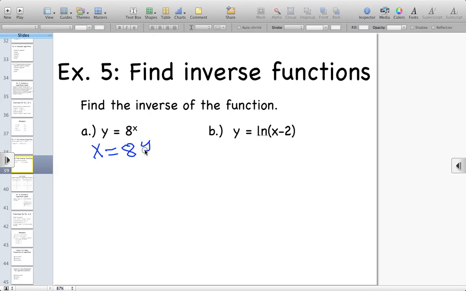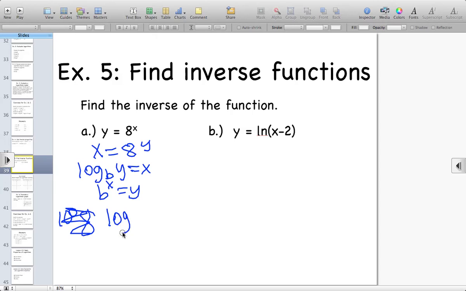Well, we know from our logarithmic property, lesson 1 should be on the note card, that log base b of x equals y means b to the y equals x. So the property rule tells us that the log base 8 of x is equal to y. So this would be my function.